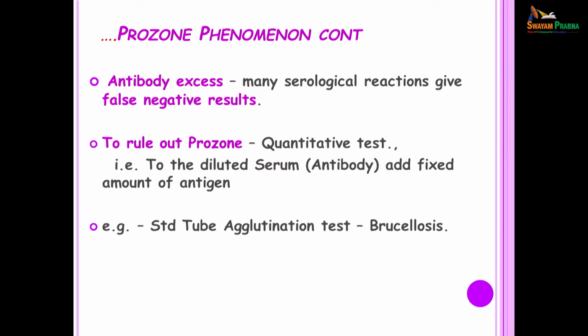and then add a fixed quantity of antigen. When we do that, you may not get a reaction in the earlier tubes, but somewhere along the way the precipitate or the agglutinate starts appearing.